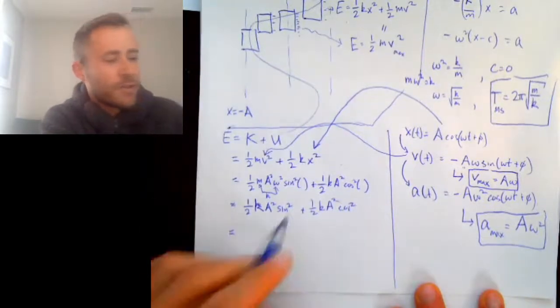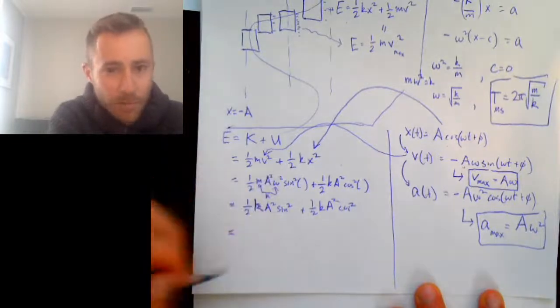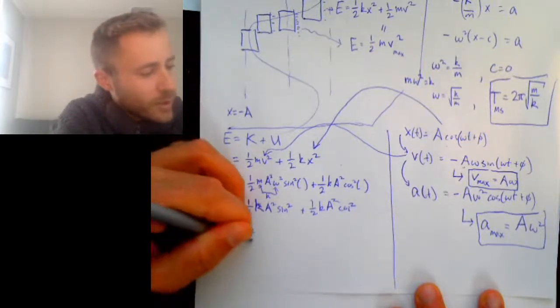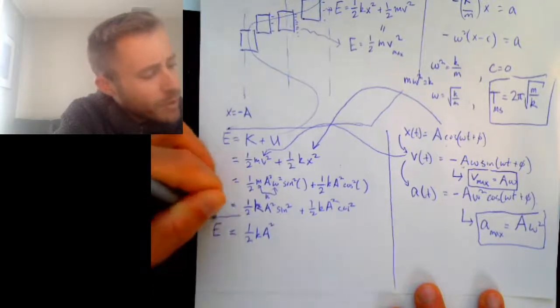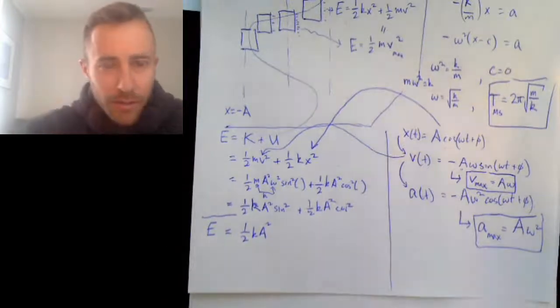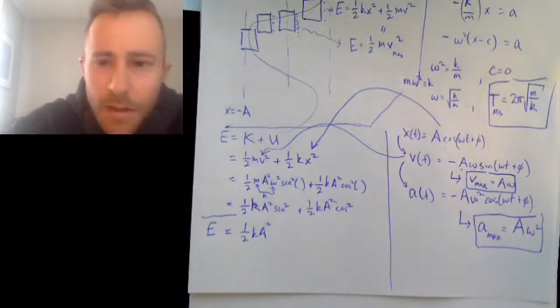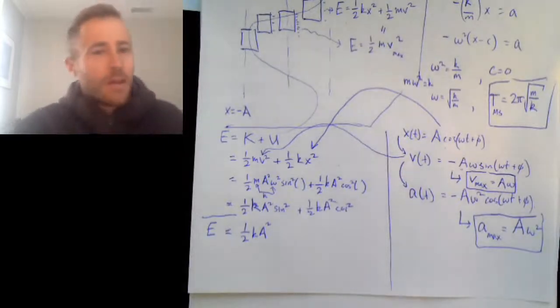So you can see that I have a sine squared plus a cosine squared, which is just 1. So I get that the total energy is 1/2 kA squared, which is a constant. It doesn't have anything that depends on time. So we've just proved that the energy of the mass spring system is conserved.